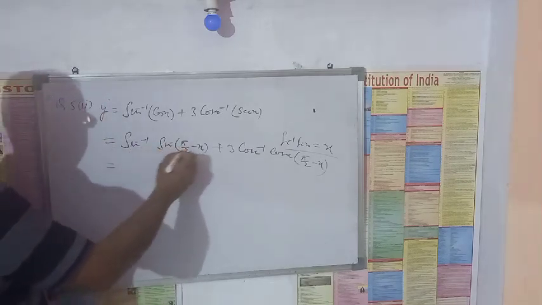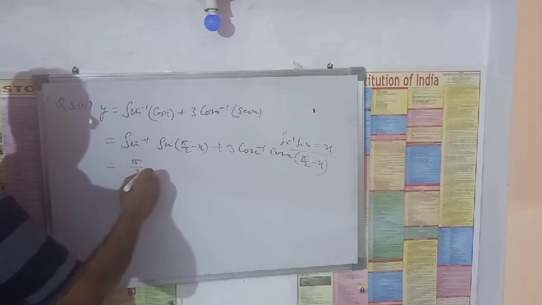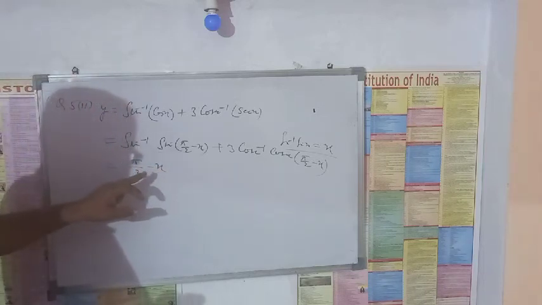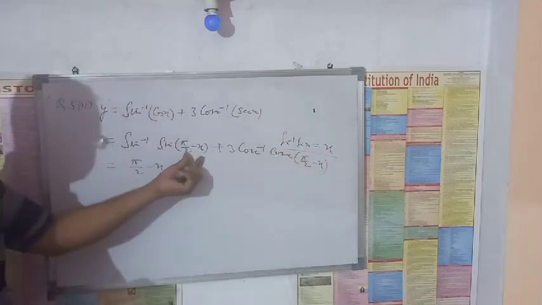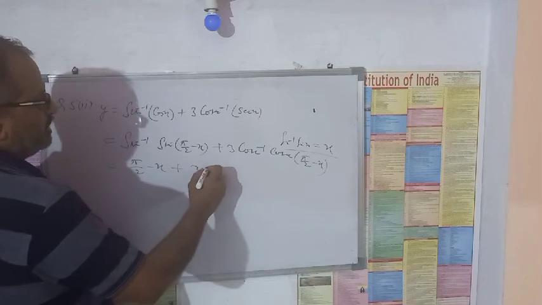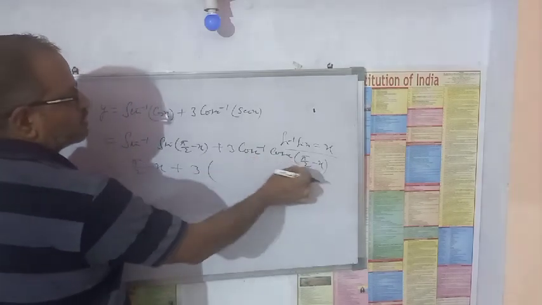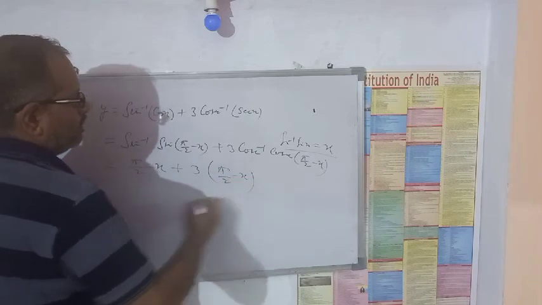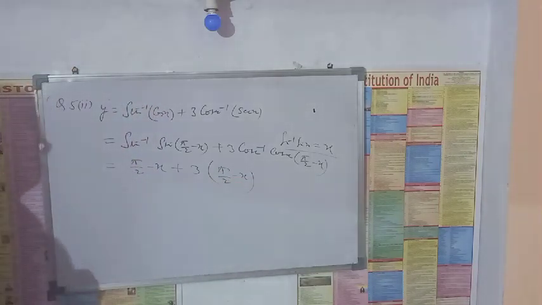So sin inverse sin theta is theta. So pi by 2 minus x we can write. Sin inverse sin x is equal to x. So what is x here? Pi by 2 minus x. Plus 3 cosec inverse cosec x is also x. So it is pi by 2 minus x.